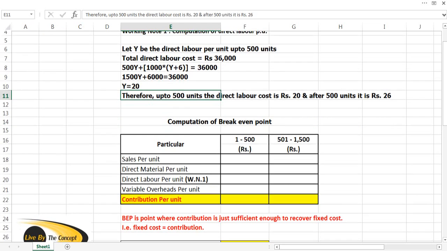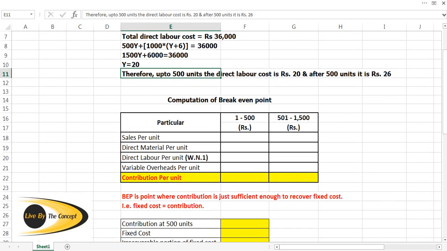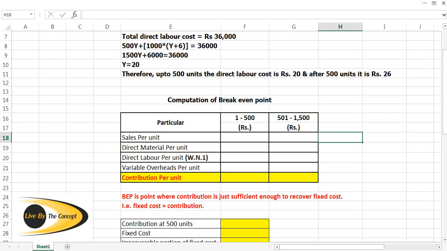So we have the computation of the contribution per unit. In that case, the sales per unit, direct material per unit and variable overhead per unit are going to remain the same. So the total which we have in the question is 1,20,000 divided by 1500. So the answer we are going to have is 80.